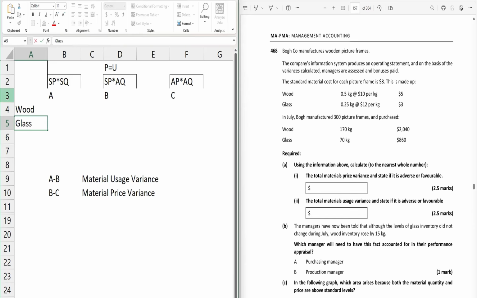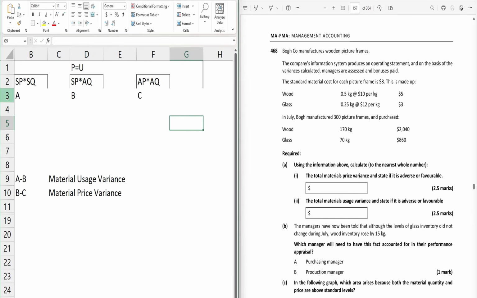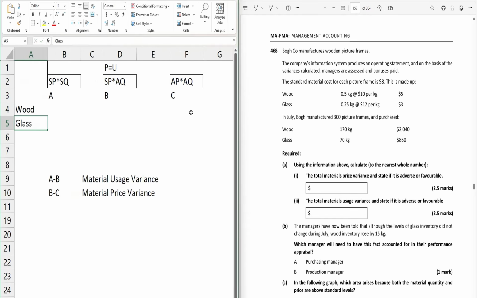Okay, so let's start from the last calculation, the last third column calculation, because the actual figure has already been provided, so it's quite easy for us, right? So 20, 40, 8, 60. If you don't know how it has been calculated, don't worry. In the exam, they will either provide you the kg used, or the per kg price, or they will provide you the direct figure.